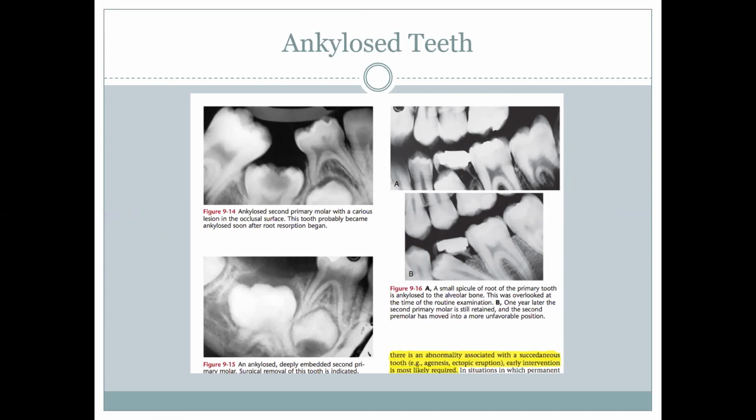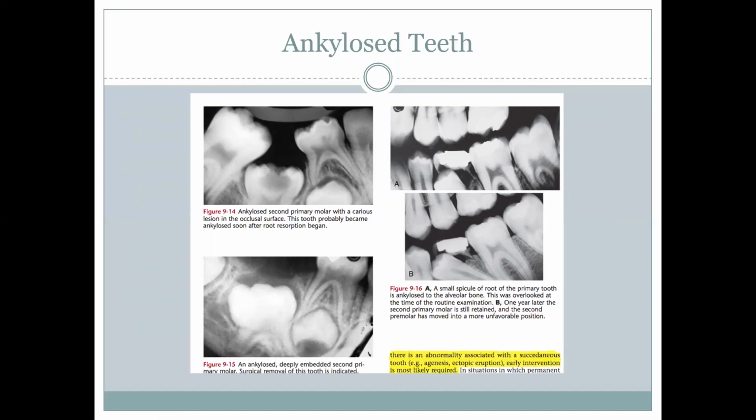Picture A, you have a picture of a radiograph of a resorbing primary second molar with a non-resorbed distal root. This was seen on a radiograph on examination when the patient was in for a checkup, and the dentist decided to continue to observe.